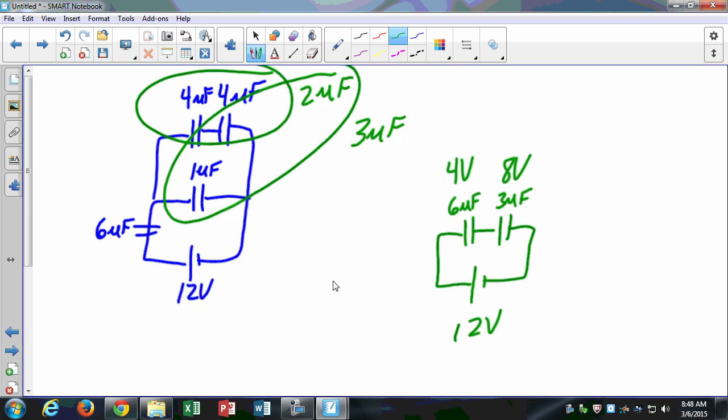Remember, bigger capacitance has a smaller voltage, and vice versa. So they're inversely related. That's not the same for resistors. So if I have 6 volts, 4 volts, and 8 volts, that means I have 4 volts here. I have 8 volts here. And what voltage do I have here? Not 8. I have 4, right? I have 4 volts on this capacitor and 4 volts on this capacitor.